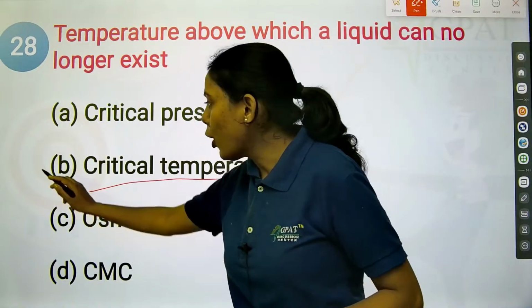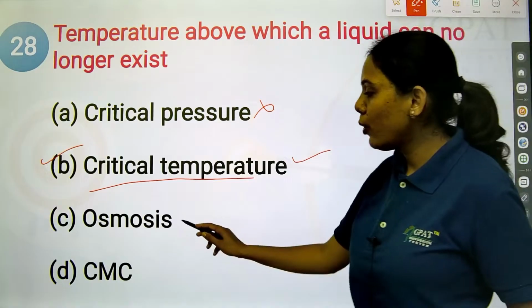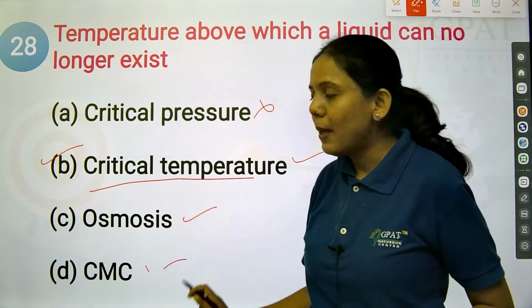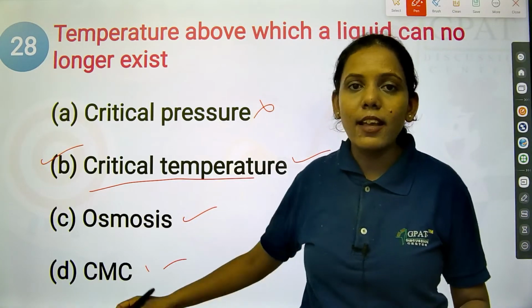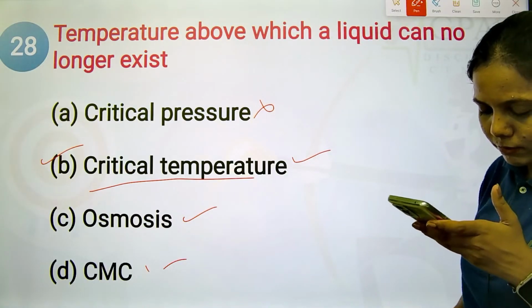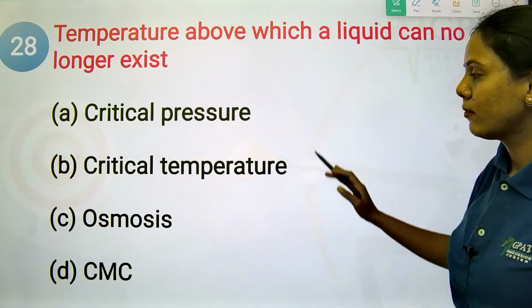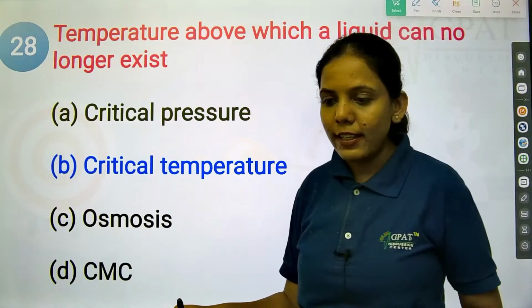So from the options you can see option B, critical temperature is the right answer. Osmosis is a phenomenon of transfer. CMC is critical micellar concentration. It has nothing to do with the temperature, right? So critical temperature is the right answer.